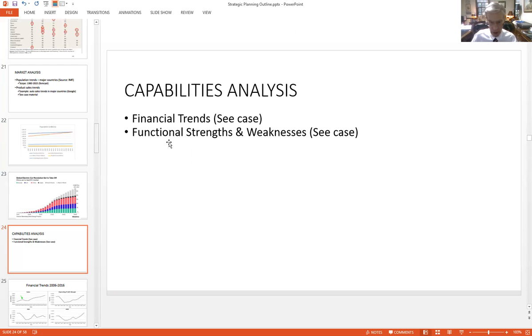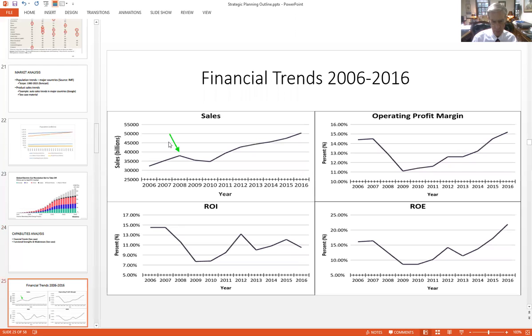Something else that these cases go into are functional strengths and weaknesses. However, I expect the teams that do these studies to gather information, to do a little research and read about how these companies are performing, what they're doing well and what they're not doing well, and to make bullet charts of companies' functional strengths and weaknesses.